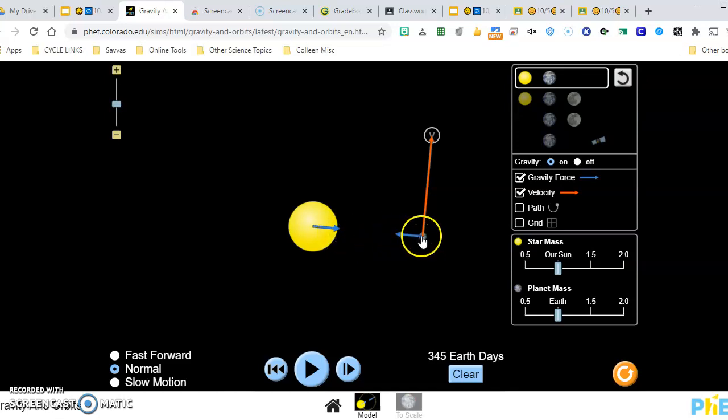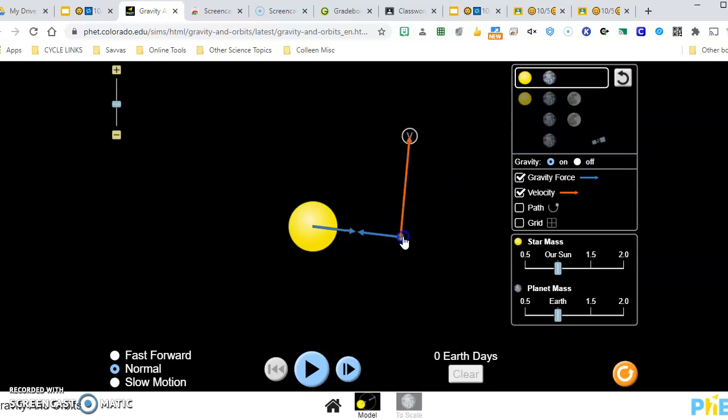If we were to change the distance between the Sun and the Earth, that would also change the gravitational force. So you can see as I pull the Earth away, the force of gravity decreases. As I pull the Earth towards the Sun, the force of gravity increases.